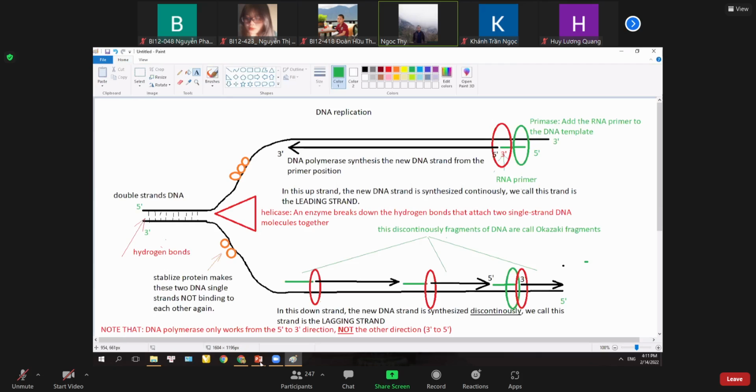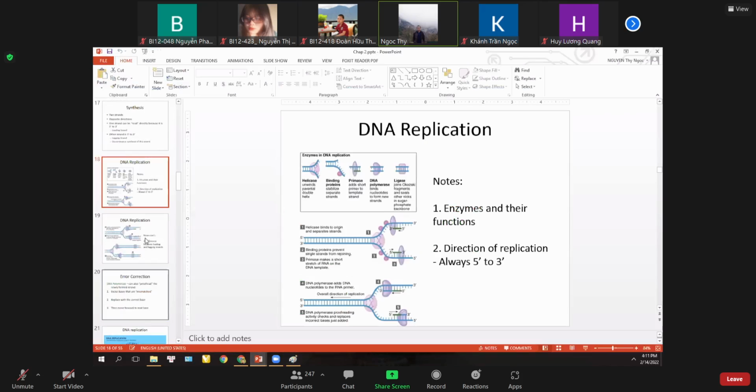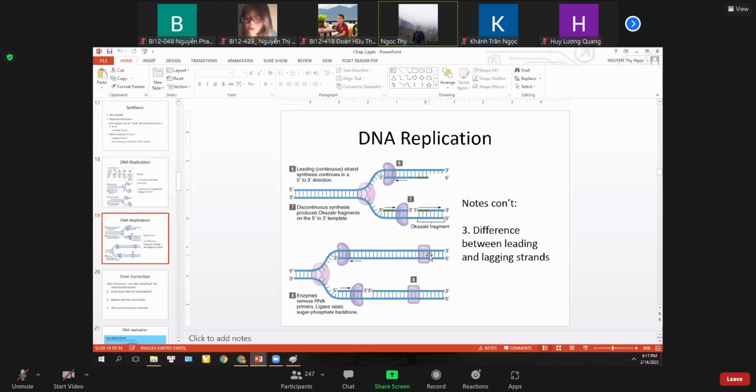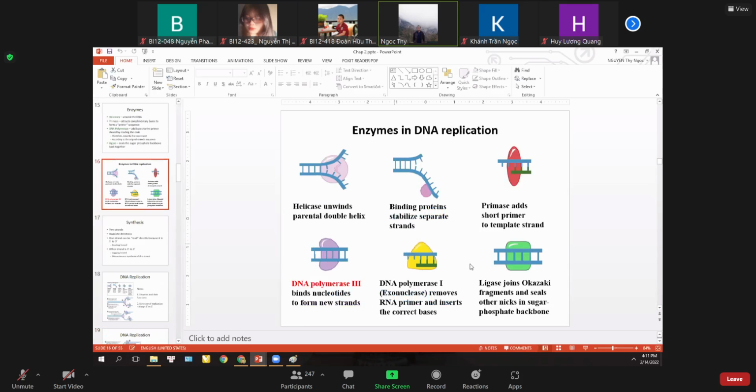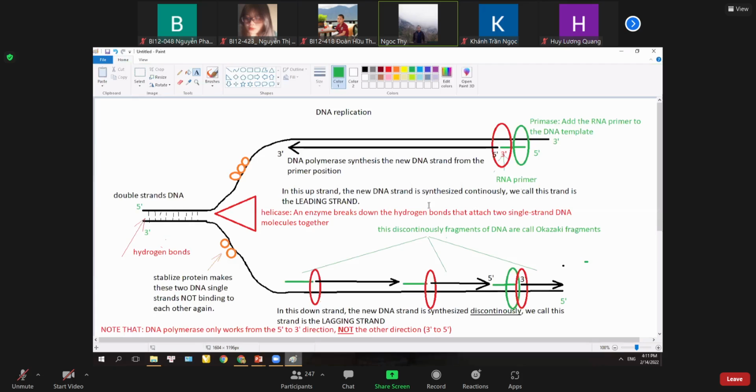So next part, we will have an exonuclease, also called DNA polymerase 1. It will remove the RNA primer and replace the RNA primer with DNA oligos. So we have a guide enzyme. Let's call this one, okay.